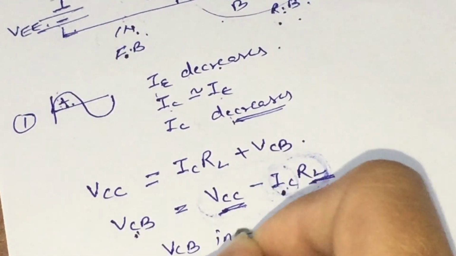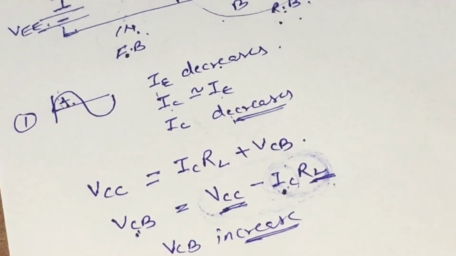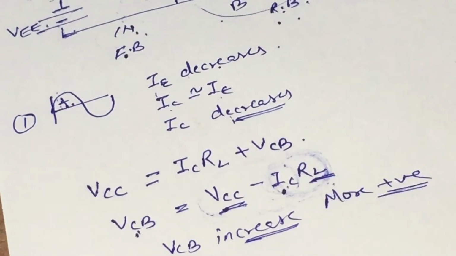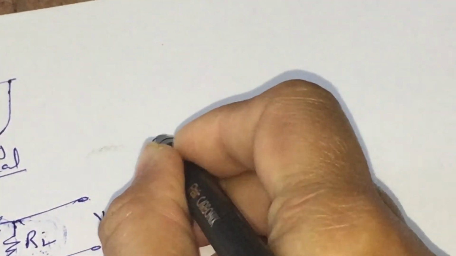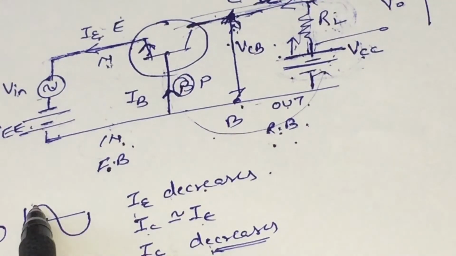VCB will increase, and if VCB increases, it becomes more positive. It means the output voltage becomes more positive. Hence, we will have in the output a more positive output signal for a small input signal.